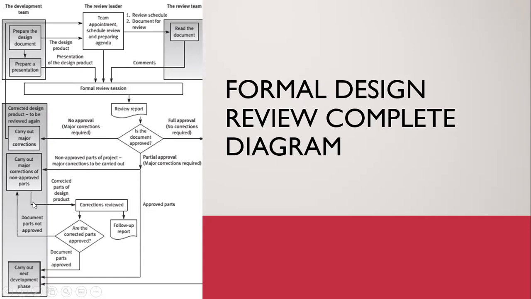After the major changes, they review again and check the corrected parts. If the corrected parts are approved, you move on to the next phase. If they are again not approved, then it goes back to carrying out major corrections. This process continues until the defects are completely identified and removed.